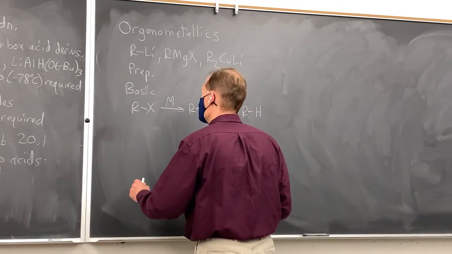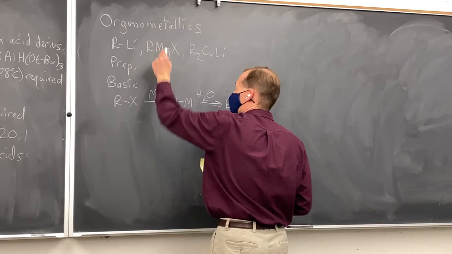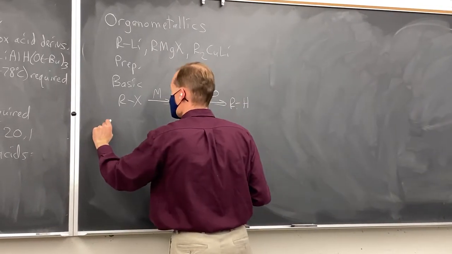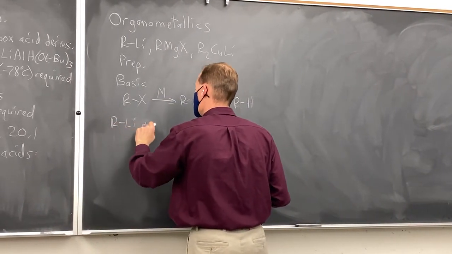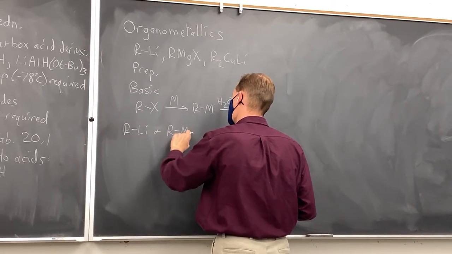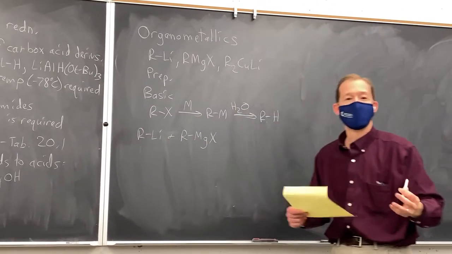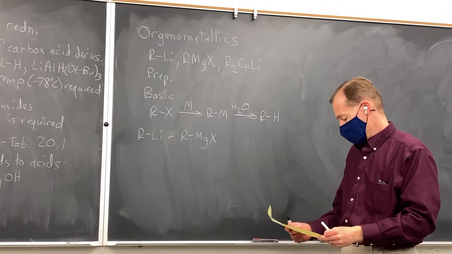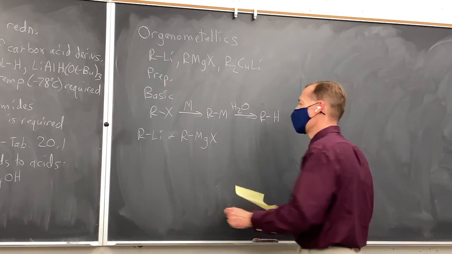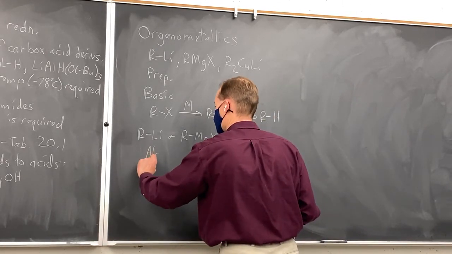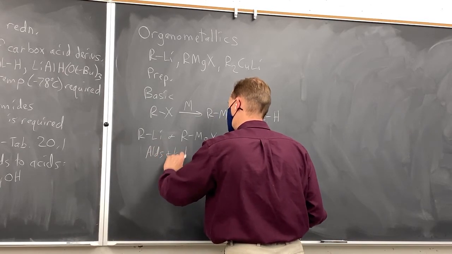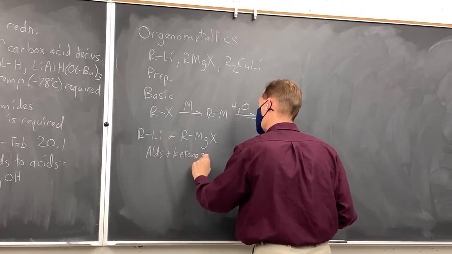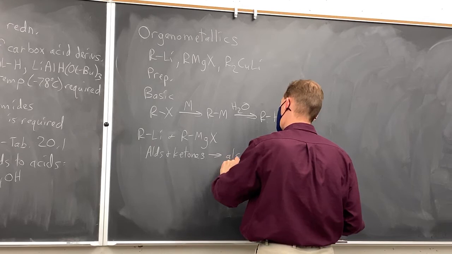So let's talk about the reactions of organolithiums and Grignard reagents first. They're similar in how they react. They have comparable reactivity. And they react with aldehydes and ketones to generate alcohols.